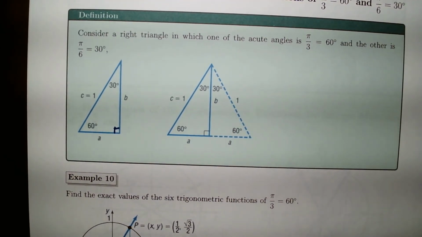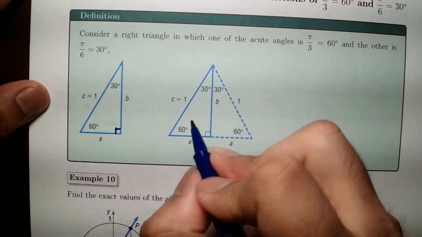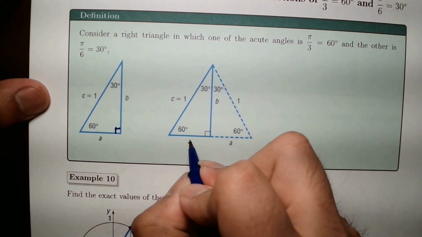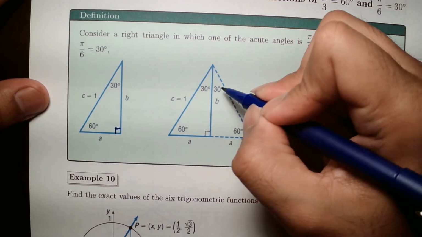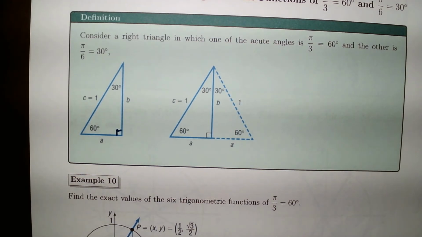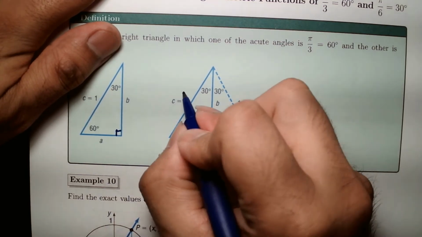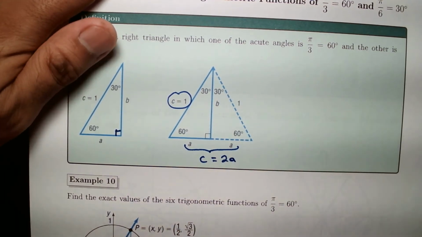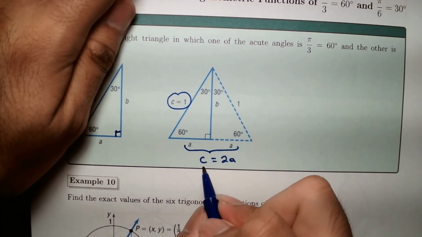If we extend this to an actual equilateral triangle in which the side C is 1, 1, 1, in this case this side A gets duplicated. See what I'm saying? When we duplicate this triangle, this A is a duplicate of itself. So from here we can say that C, which equals 1, equals 2A.